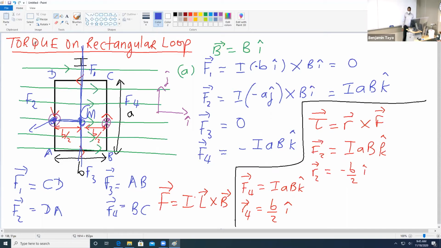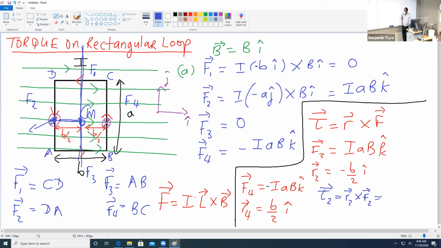For the force on 4, would it be negative? Yes, it's negative. That's correct. So F4 is negative. Now let's calculate T2, torque number 2, which is R2 cross F2.